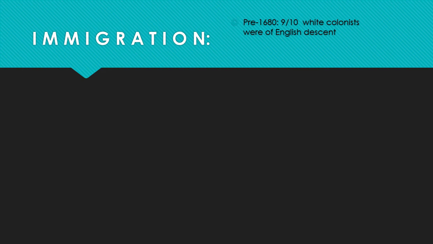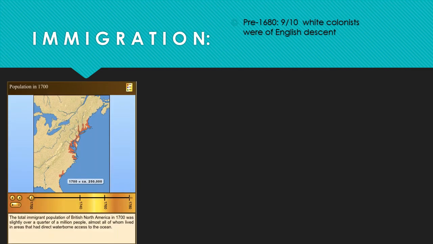Before 1680, 9/10 of white colonial Americans were of English stock. From 1700 to 1760, we see a huge migration of people from all over Europe move into the colonies. In 1700, the total immigrant population of British North America was about 250,000 people.